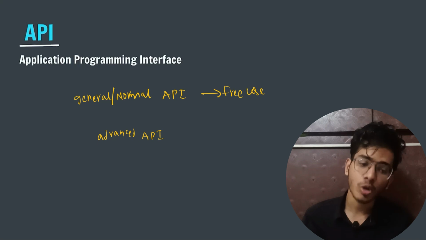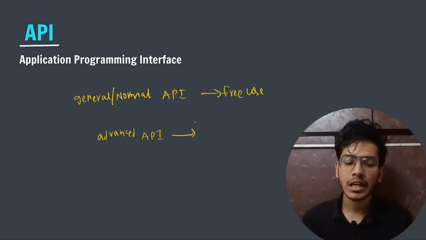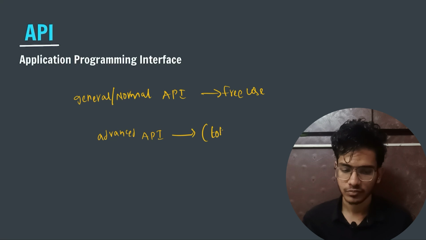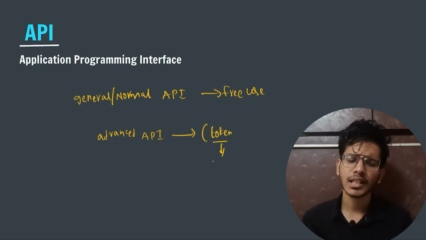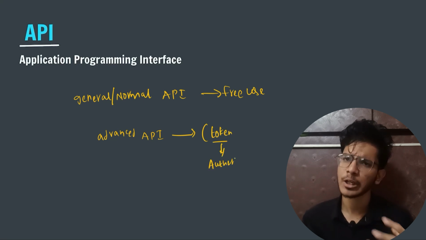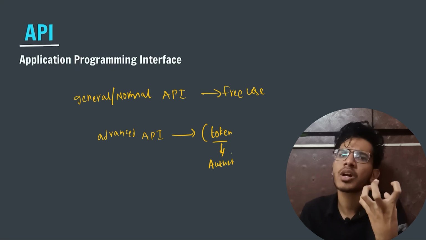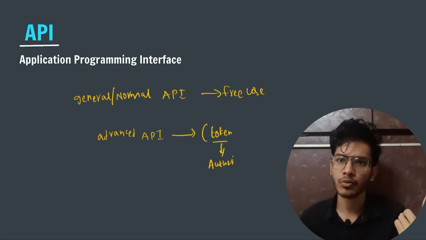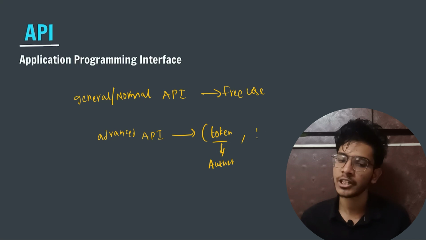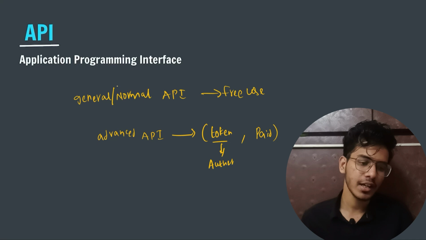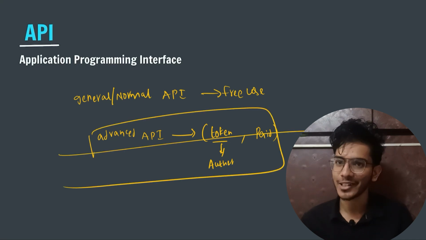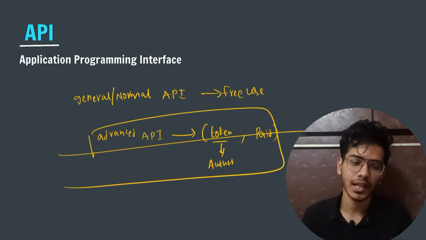If you want to do that, they might require some tokens, right? Tokens are nothing but authorization. They want to check whether you are a real person or not, whether you are a bot or not, they want to check your real identity. Also, sometimes some APIs are paid. You need to give your credit card details, all these different things. But here we are not going to pay anything for the advanced APIs. We will use normal APIs.